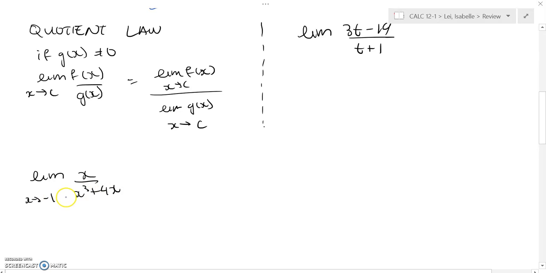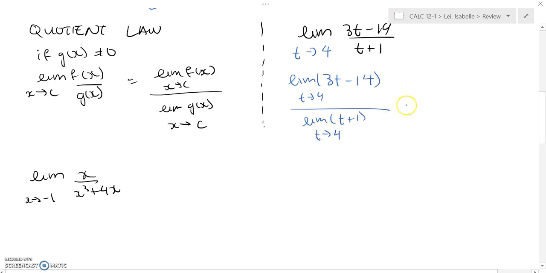So a first example is the limit of 3t minus 14 over t plus 1 as t approaches 4. So to break this up, we can just say the limit of 3t minus 14 as t approaches 4 all over the limit of t plus 1 as t approaches 4.